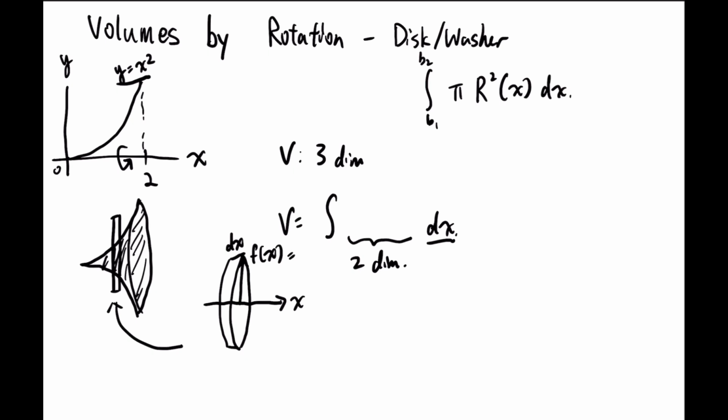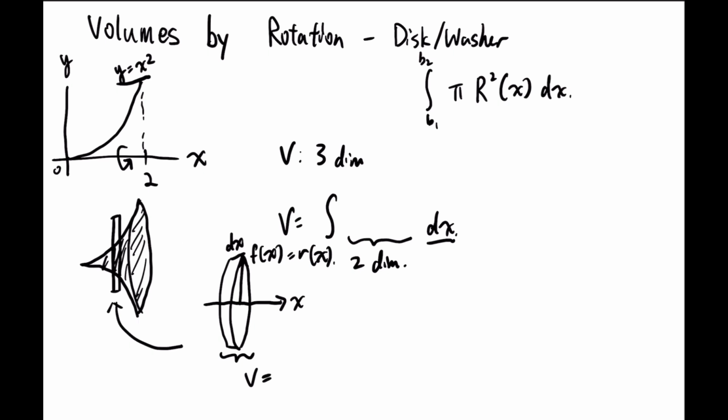So this would be the height, or let's just say the radius as a function of x, right? So if this is one small slice of the entire shape, what we could do is find the volume for this shape and integrate all the volumes that we would get from 0 to 2 for this particular shape, right?